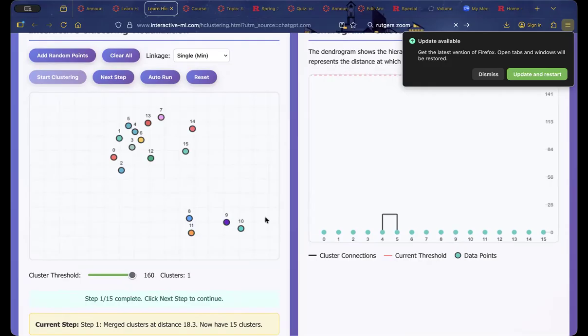Now this one explains it. You had these original 16 points, and each of them was its own island at the beginning. Then it increases the distance until the first merging can happen.